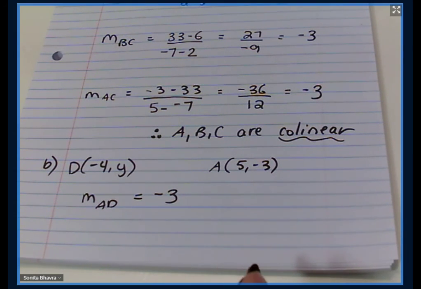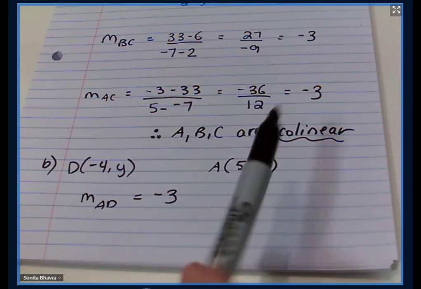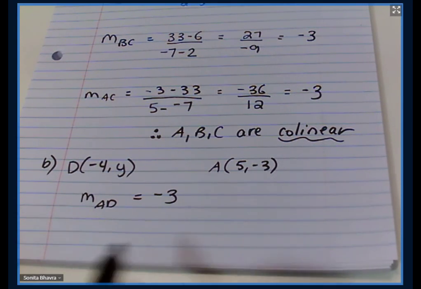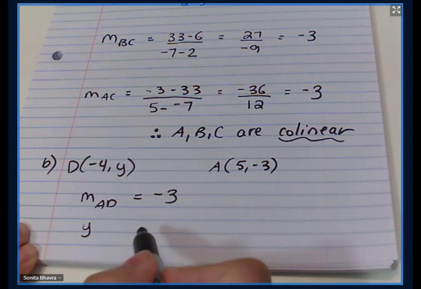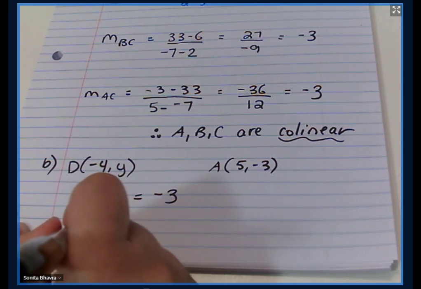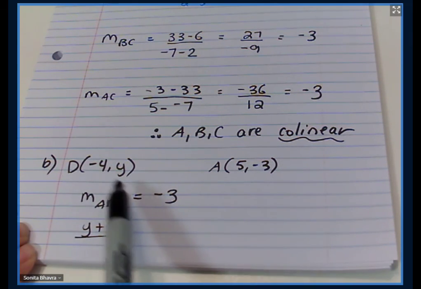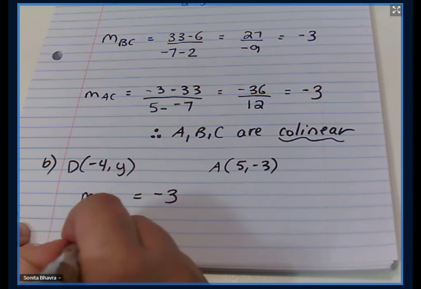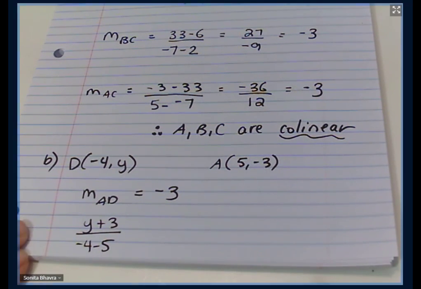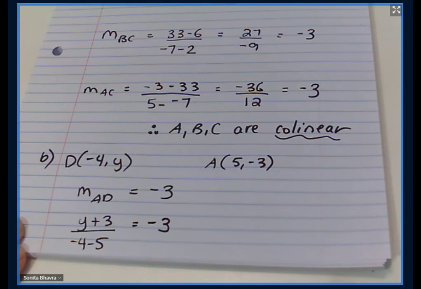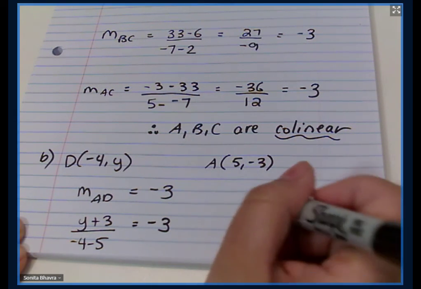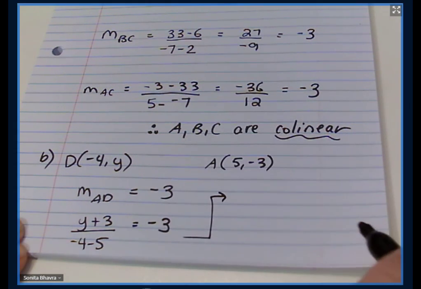Okay, so using D and A, y minus negative 3, which becomes y plus 3. And then negative 4 minus 5 is our run, and it is equal to negative 3. All right, so I'm just going to move this over here.